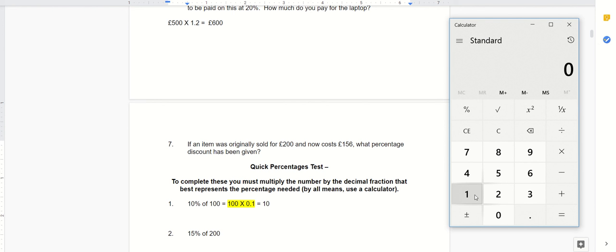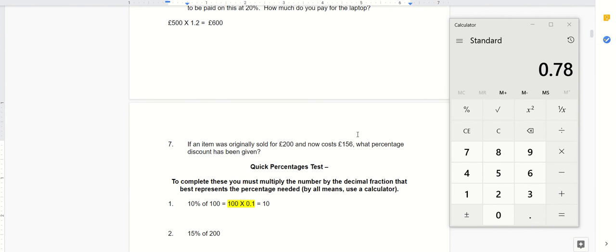You need to divide 156 by 200. And we get 0.78.